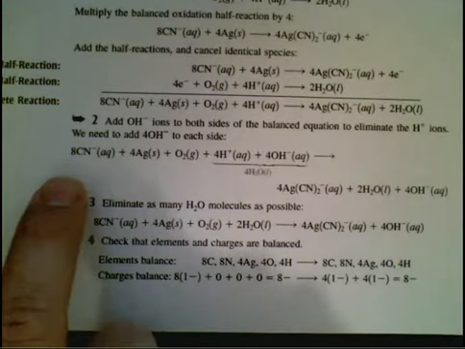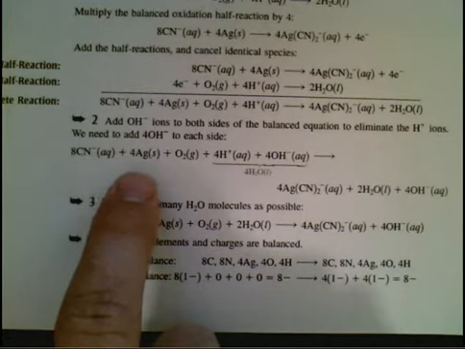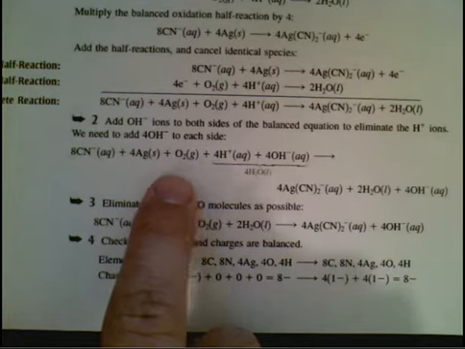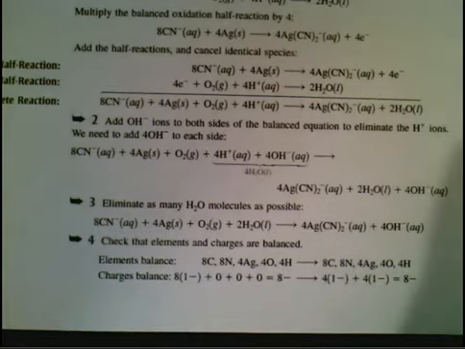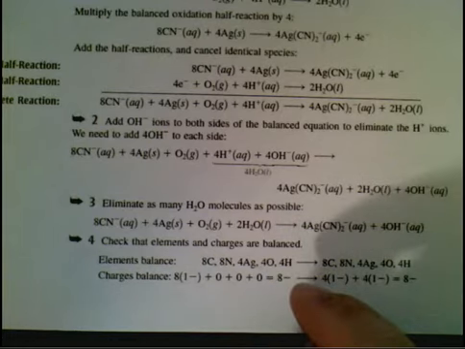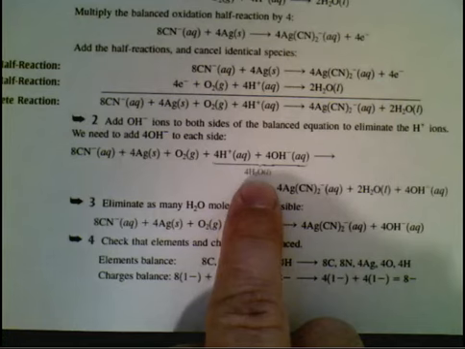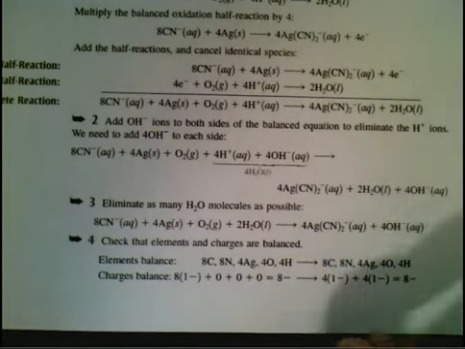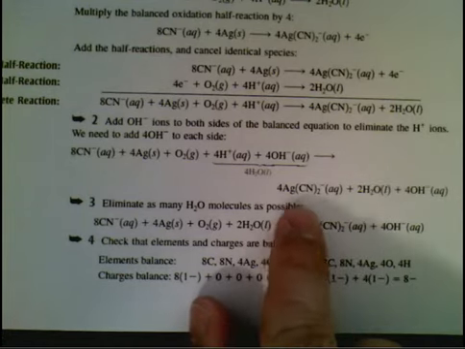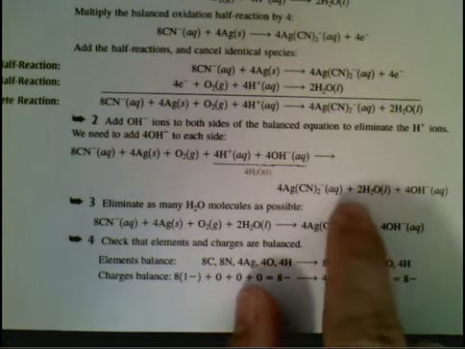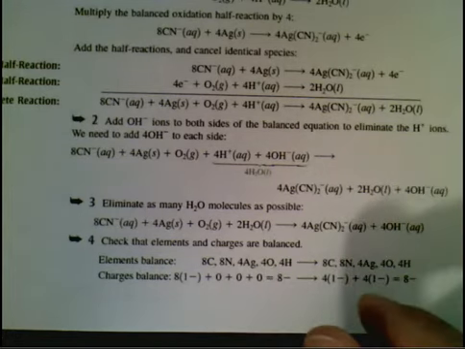And so we have 8 cyanide ions plus 4 silver solids plus O2 in the gaseous form plus 4 H plus 1 in the aqueous, and then 4 OH minuses in the aqueous form. Again, that's going to combine to form 4 H2Os. We're going to yield 4 silver cyanides with a -1 charge, 2 liquid waters, and then 4 hydroxide ions.